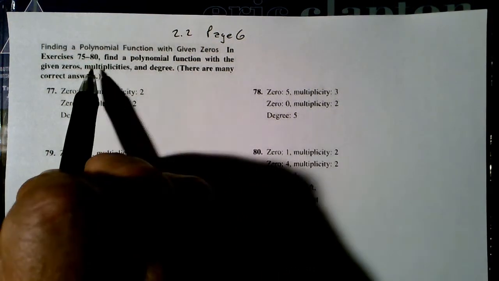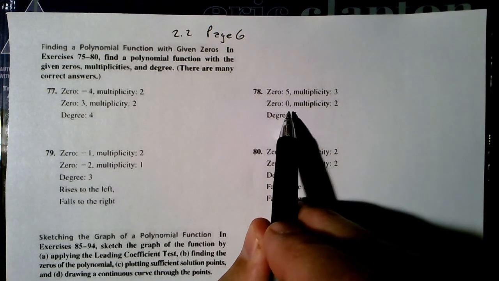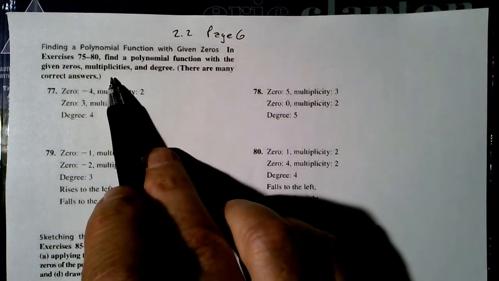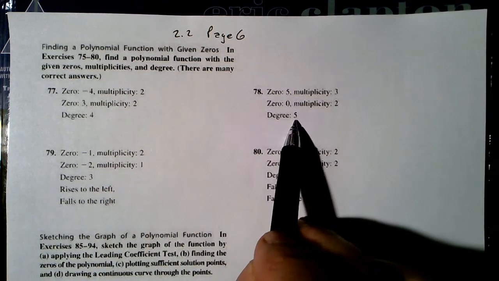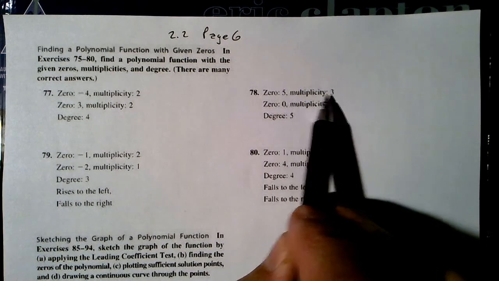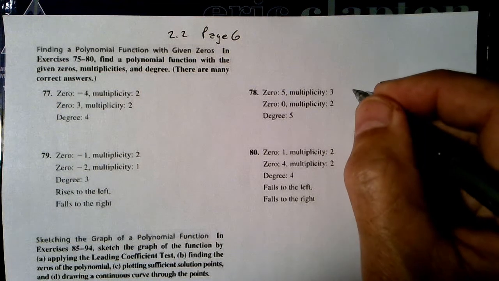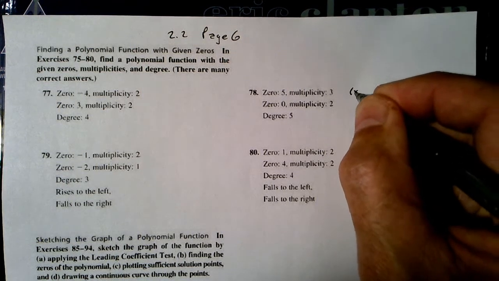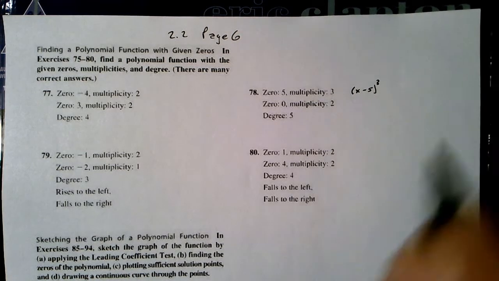Find a polynomial function with the given zeros. I've got a 0 of 5 and a 0 of 0 with their given multiplicities and the given degree. I need fifth degree. Multiplicity 3, that means that 5 is 3 zeros. That means that we have a factor x minus 5 cubed.